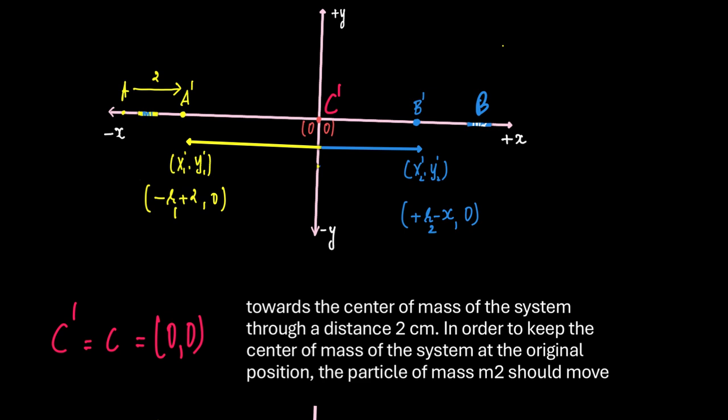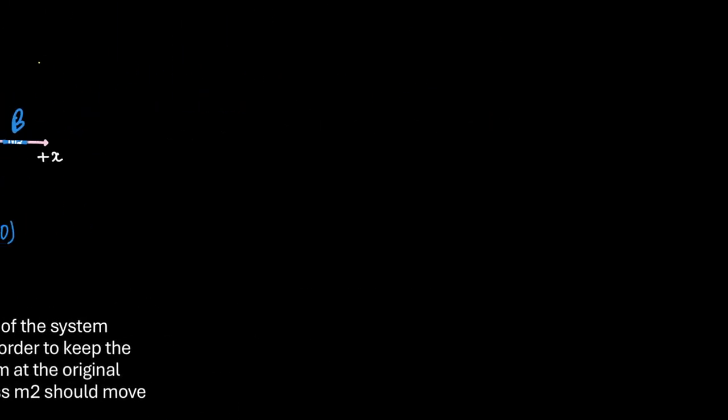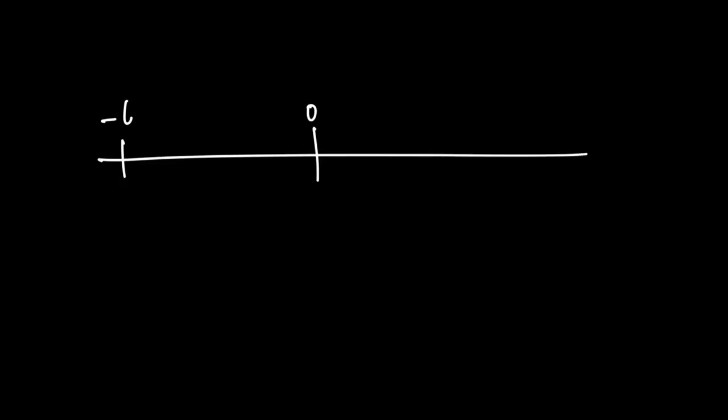Okay, I think it is better to see an example here. So let us say this is the origin. Okay, this is minus x. We're talking about r1, and if this object m1 present at minus 6, if it moves 2 centimeters towards the center of mass, what is the new position?